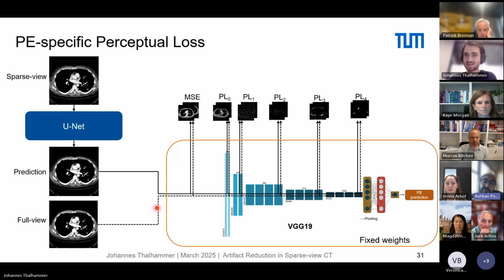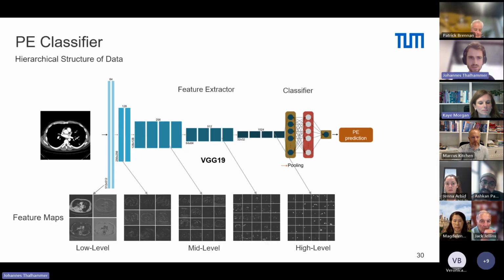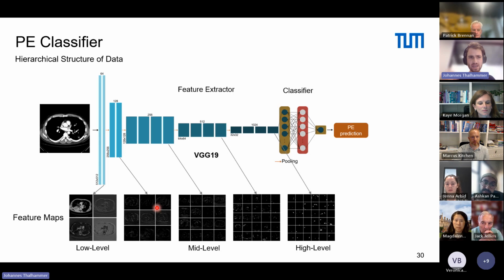No, I was curious about the data it was trained on, sorry. The data, not the network. So this was trained for disease detection on the data for the RSNA PE detection challenge. Is it the same data that you were effectively trying to convert into the sparse-view?